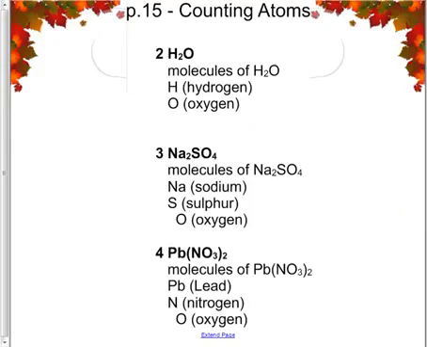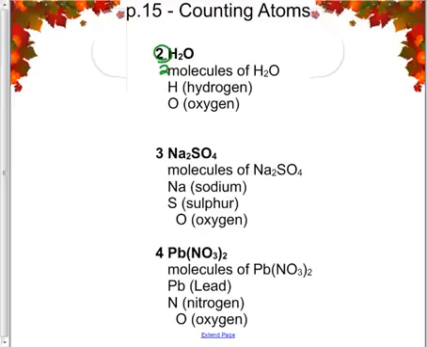When I'm looking at 2H2O, I can count the molecules of water or the atoms of water. If I count molecules, molecules will be the coefficient 2. If I want to count the atoms, I need to count all of the subscripts and multiply those subscripts by that coefficient.